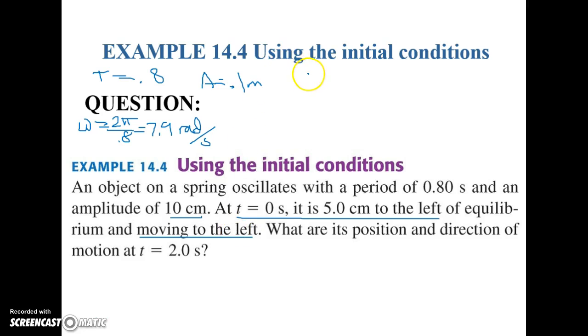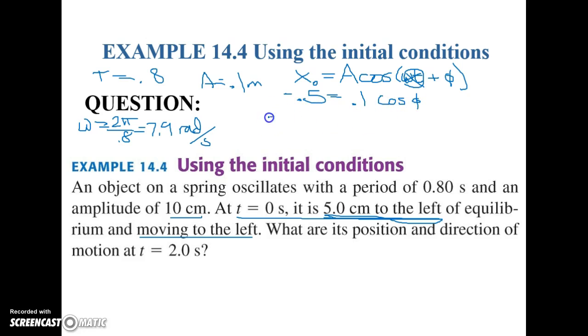What are its position and direction of motion at t equals 2 seconds? In order to find that, remember that x at any time is A times the cosine of omega t plus the phase shift. But if t equals 0, the omega t term disappears, and it tells me that at time 0 x is at negative 0.05, and this is 0.1, and then I just have the cosine of phi.